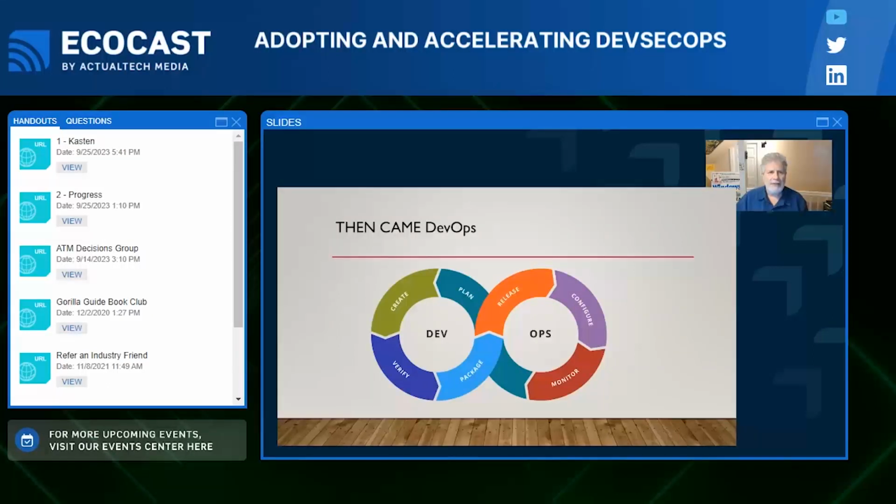The cycle goes from planning through coding, building, testing, releasing, deploying, operating or running the software in production. There are actually different names on this graphic, but it amounts to the same thing. At every stage, feedback can flow between the steps of the cycle.